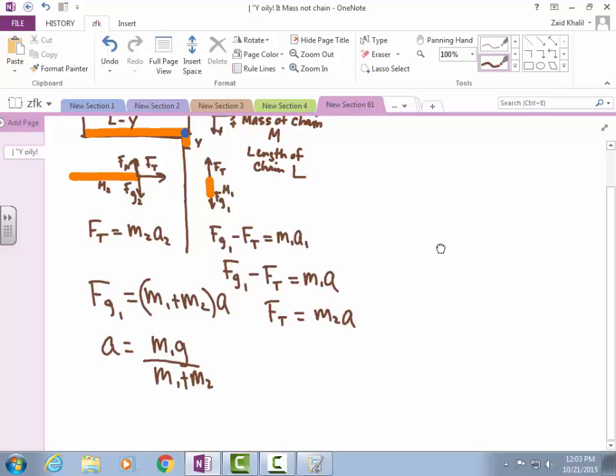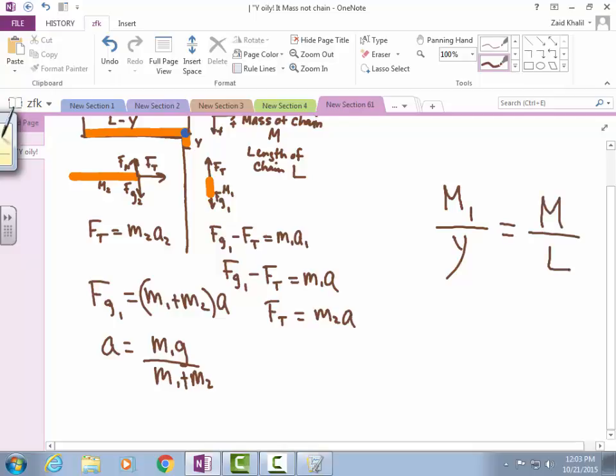So what does that mean? That means we set a proportion. M1 divided by the length, which is, what's the length of M1? Y is equal to the total mass, which is M over L. And what do we get? M1 equals?